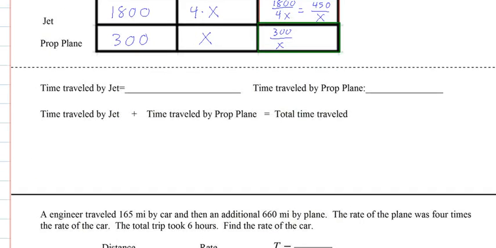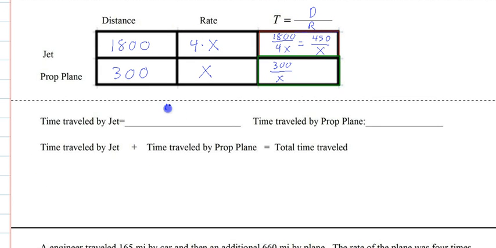So we take the time traveled by the jet, which is 450 over x, and the time traveled by the prop plane, which is 300 over x, and we add them up to make the total time of 5 hours. And that's our equation that we get to solve.